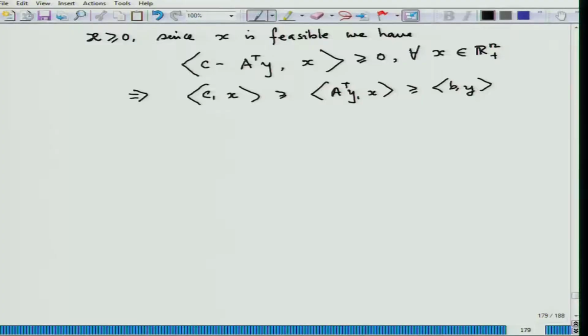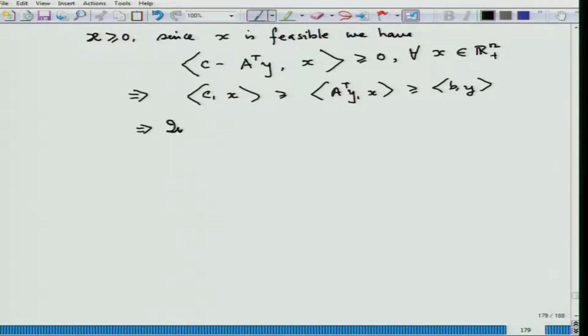Which means that this is true for every such y which satisfies this. In fact, if I maximize this now, the maximum, or the supremum, will also act as a lower bound.